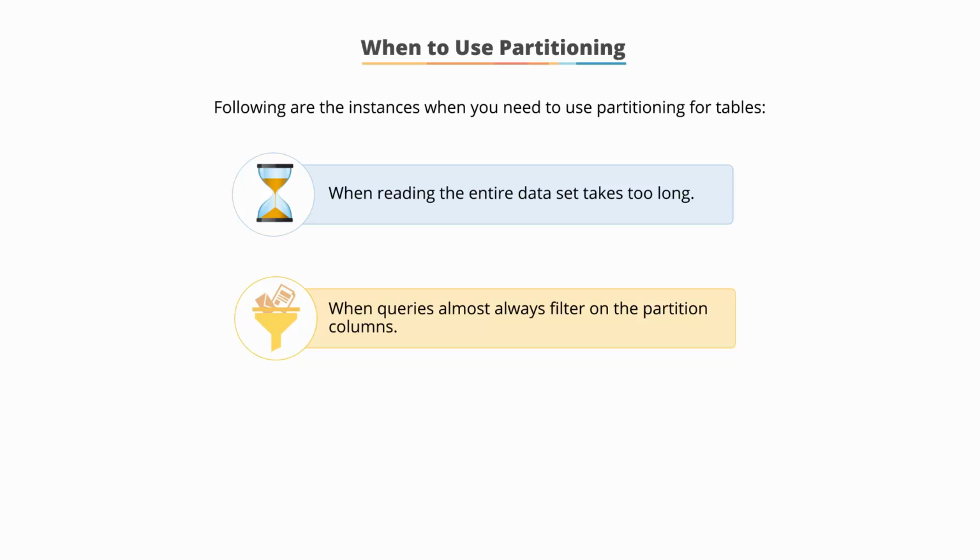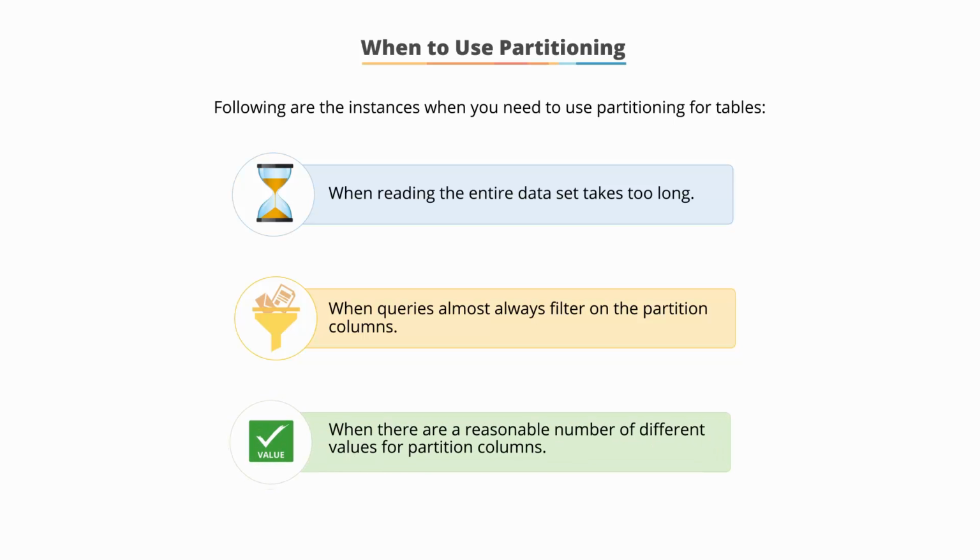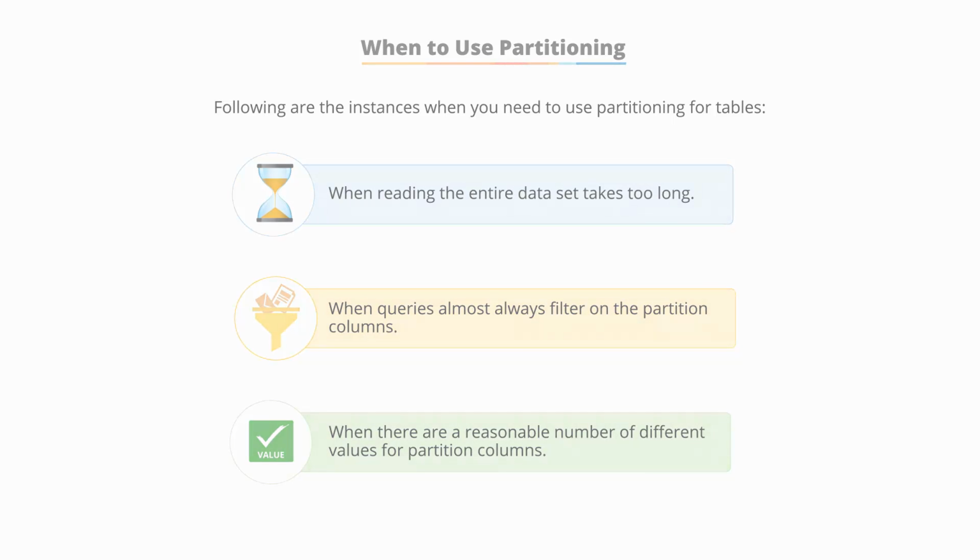If you have a large number of queries that are filtering a specific column, you may want to add a partition for that column. And last, there are a reasonable number of different values for partition columns. If you're going to use partitioning, you typically don't want just two values. You may want several to increase the performance of your queries.